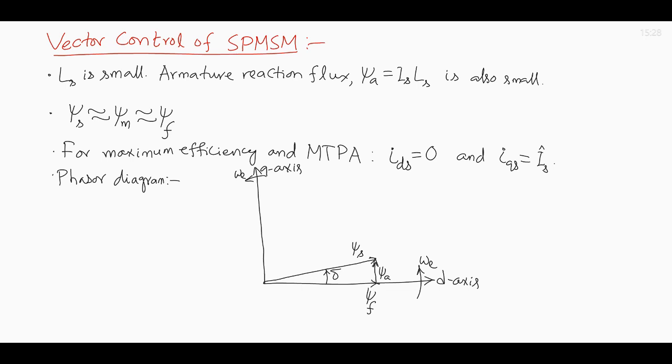and the stator induced EMF, that is Vf, or sometimes we also write E, induced EMF is omega E times psi F, and it is perpendicular to psi F. And this stator current IQS, which is equal to IS, is along the Q axis.